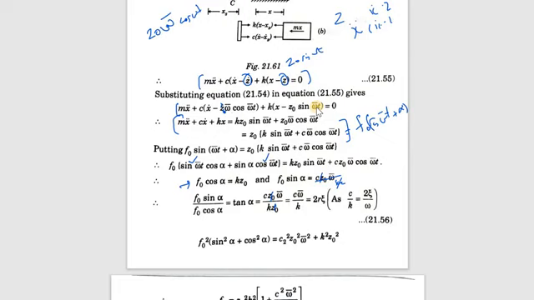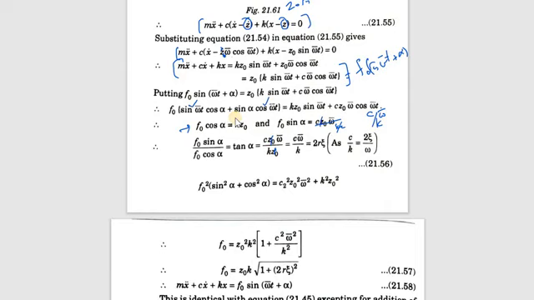But we know that c by k, or I can write, so here you can see it will be c by k omega dash. Okay, c by k omega dash. Now here I can write c by k is equal to 2 theta by omega.